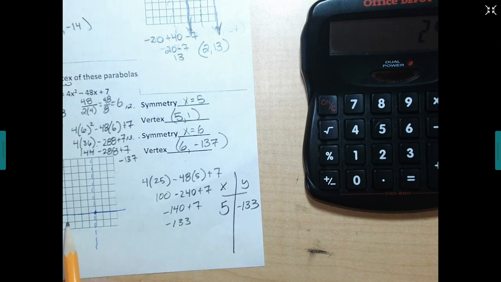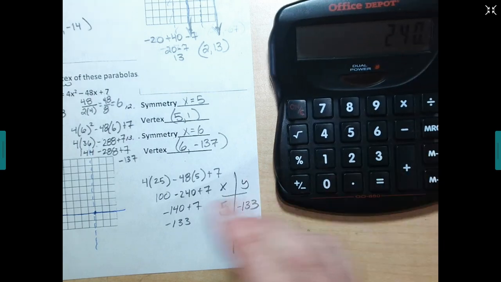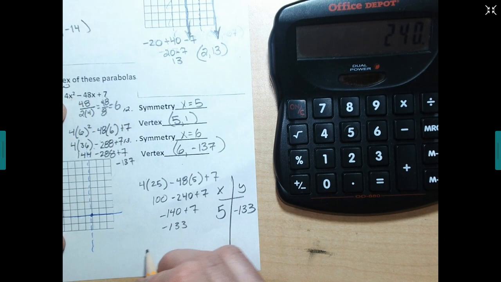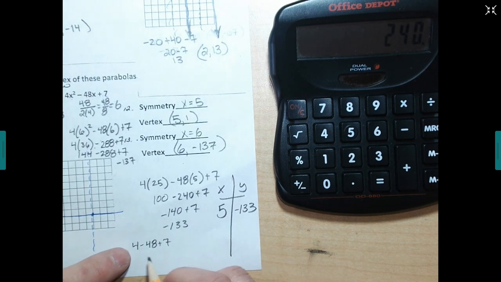Let's go for 1 and see what we get. So that'd be 4, 4 minus 48 plus 7. So that'd be negative 44 plus 7.